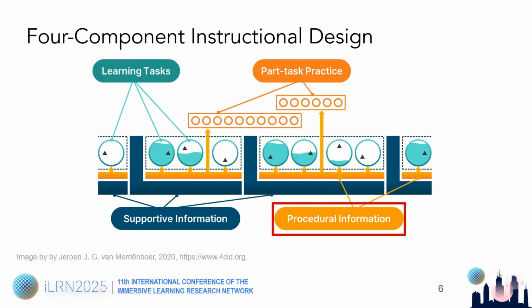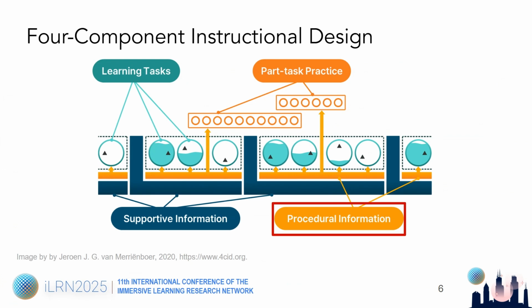The 4C/ID model structures complex learning through four components: learning task, supportive information, procedural information, and part-task practice. Procedural information serves as a key element in supporting learners as they carry out step-by-step tasks. In high-stakes, time-sensitive contexts like BLS, procedural information needs to be both clear and well integrated to support learners during task performance.